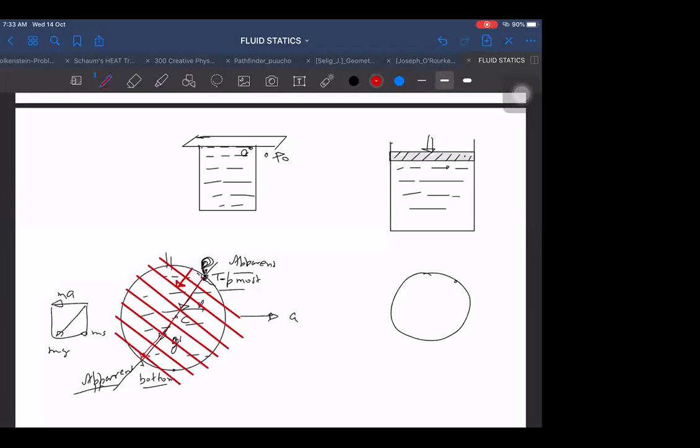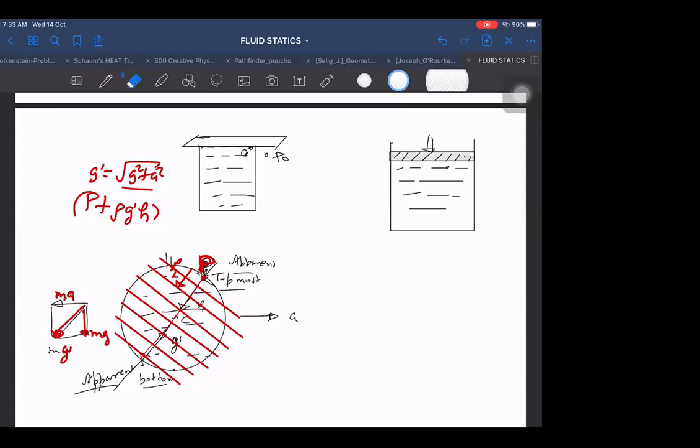When we move in this direction by some depth h from this place, where I'm assuming the pressure to be P, then h apparent depth below gives rho into g dash into h. What is g dash? g dash is equal to the square root of g square plus a square, because mg and ma are the components and this is the resultant. So I know how to find the g dash value. That will come out to be the square root of g square plus a square. Is it clear? Yes, sir.